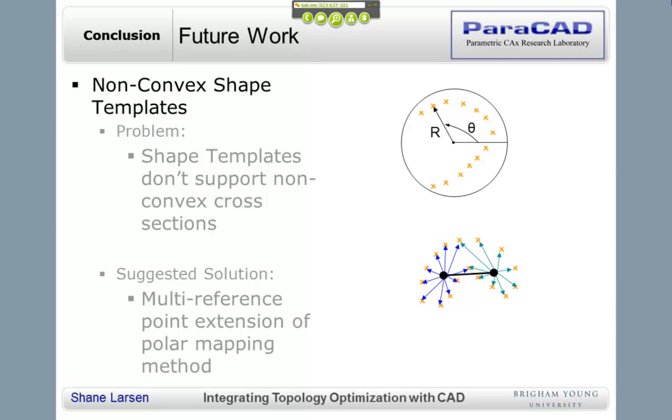Any questions on kind of what industry is looking for or hoping for? It's an amazing technology that has been developed, but it's only part of a solution. I mean, it does get you a huge reduction in time, a huge reduction in weight, but it's painful getting the shape back into a CAD system.